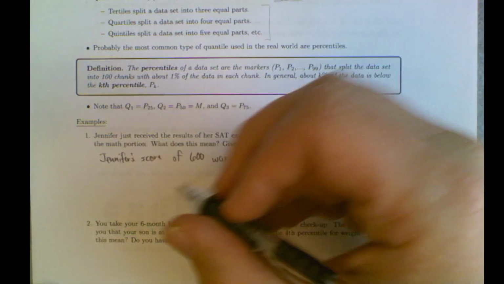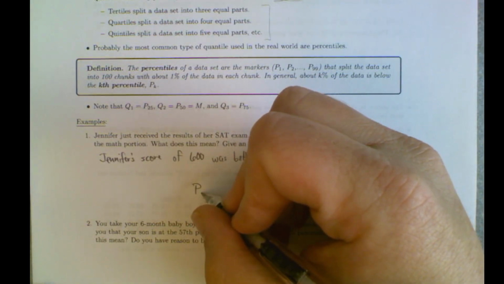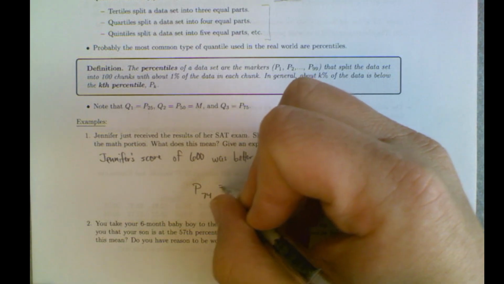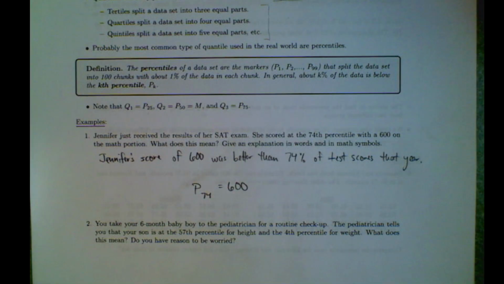In math symbols, we could say something like P sub 74 equals 600. A score of 600 is at the 74th percentile.